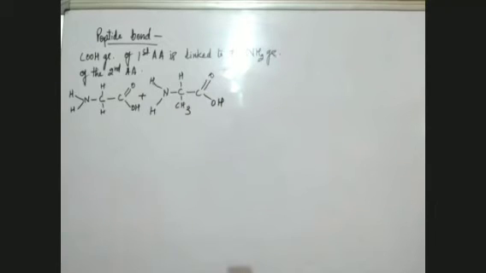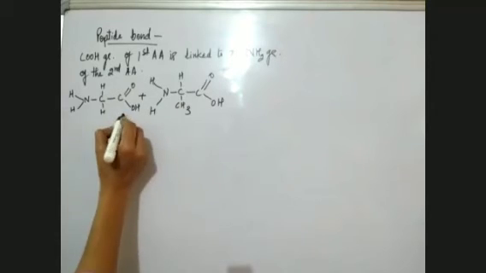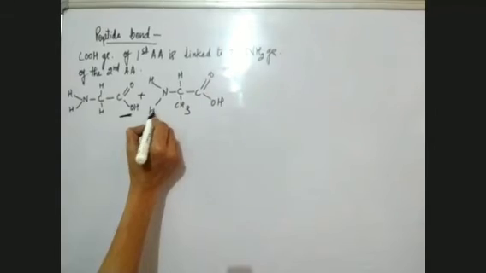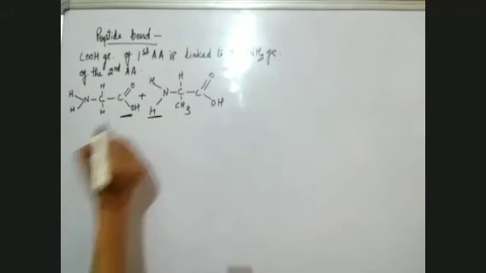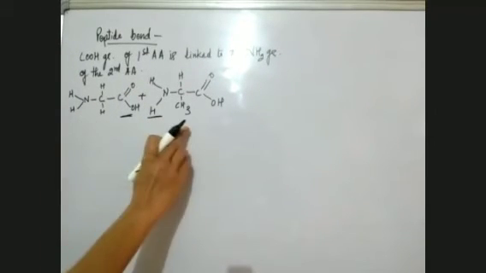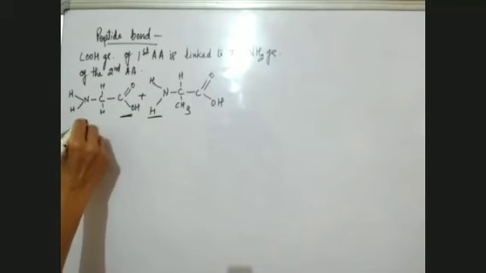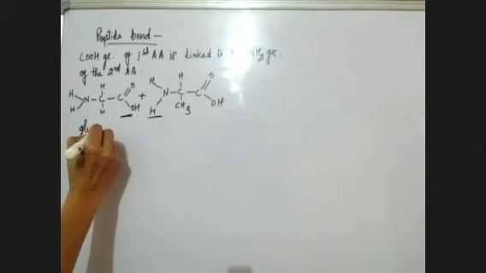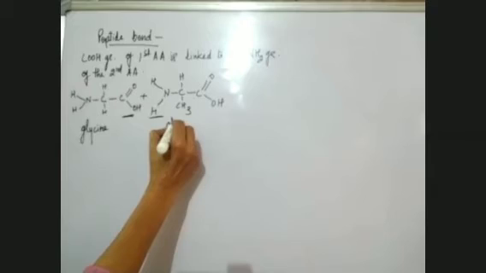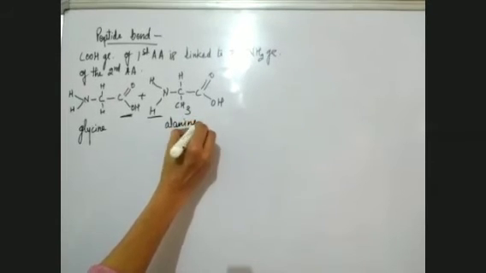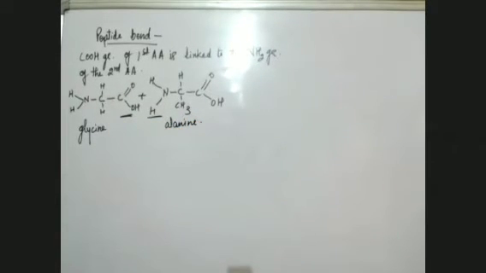How the peptide bond formation between the two takes place, this I'm going to tell you now. That means the COOH of this will be linked to the NH2 of this. This is the first amino acid, this is the second amino acid. The first amino acid is glycine and the second amino acid is L-alanine. So how these two are linked, this I'm going to show.